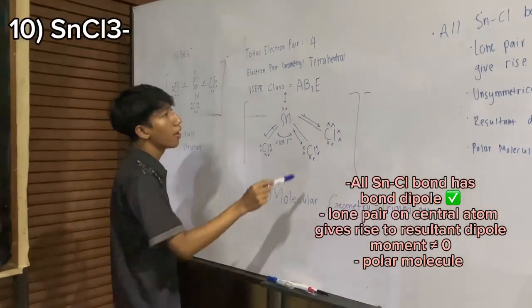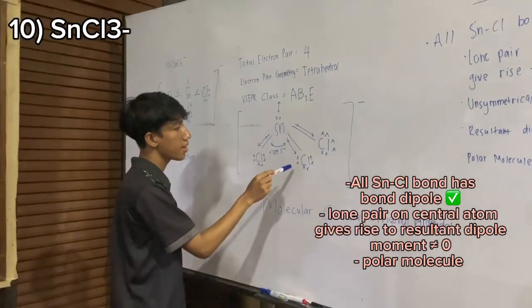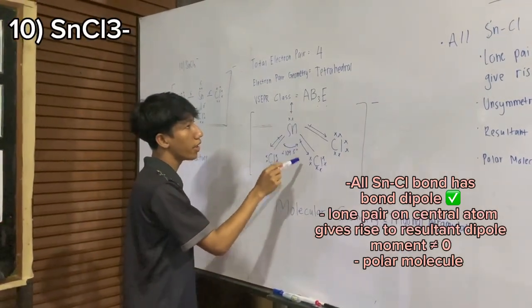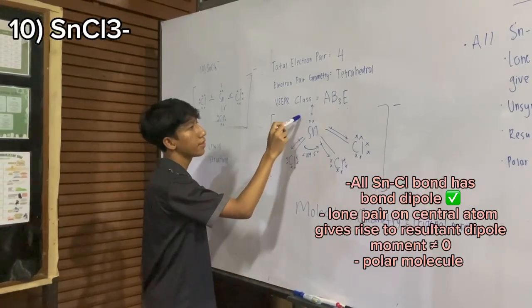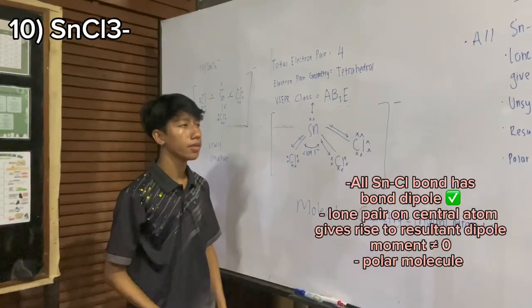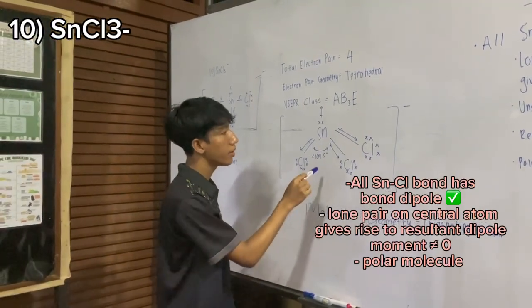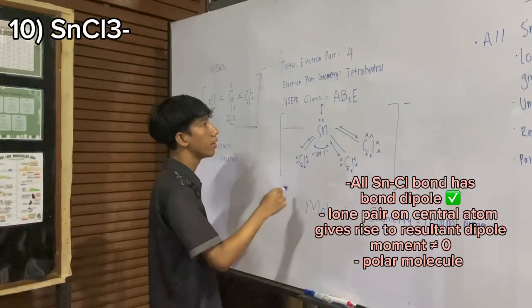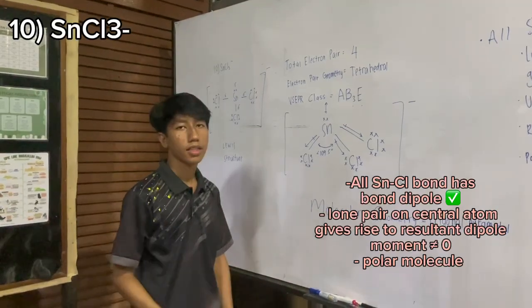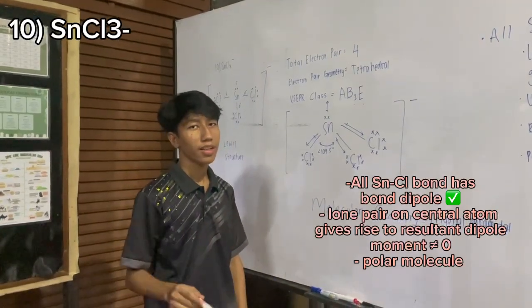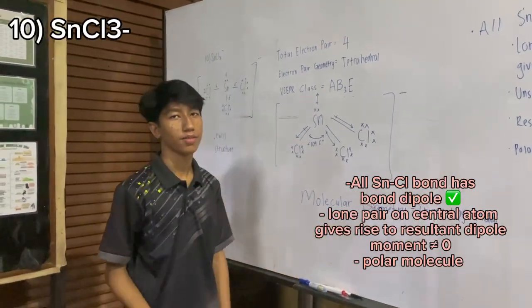All Sn-Cl bonds have a bond dipole, and the other one is a lone pair at the central atom that gives rise to a resultant dipole moment. Hence, this is an unsymmetrical molecule. So for the molecular polarity of this structure, the resultant dipole moment is not equal to 0. Hence, this molecule is a polar molecule.